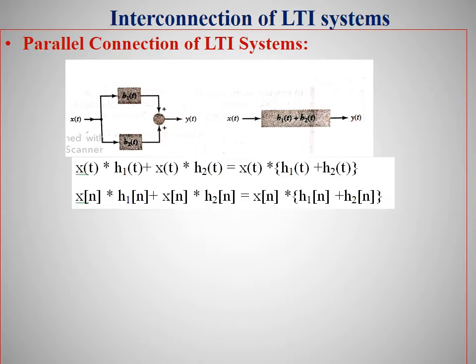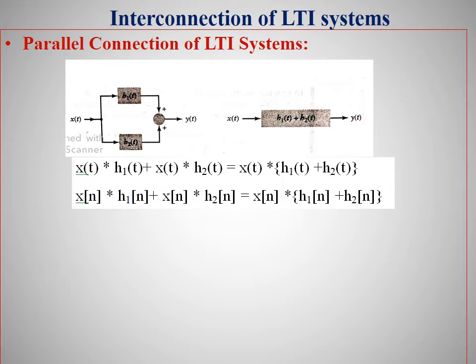How is this going to be represented mathematically? Considering it, we will have x of t convolved with h1 of t plus x of t convolved with h2 of t, that is what is represented in the second case, and this is equivalent to x of t convolved with h1 of t plus h2 of t, giving us the same result.